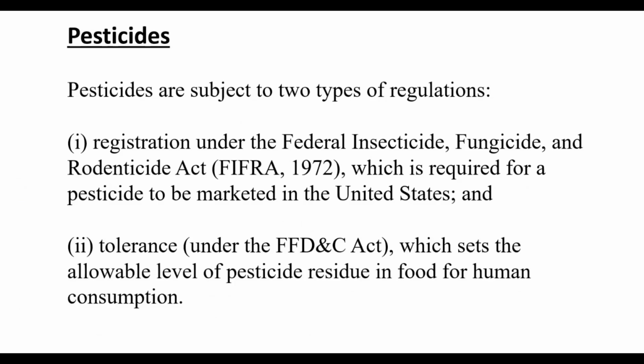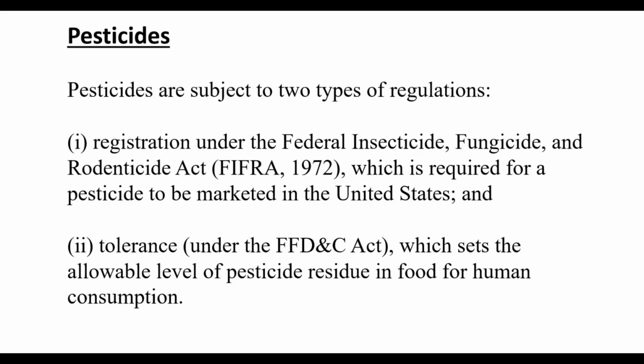So pesticides are regulated under the EPA under two important laws, that is the Federal Insecticide, Fungicide and Rodenticide Act. You have to comply with this act for a pesticide to be marketed in the United States, and definitely a tolerance, that is MRLs, which sets the allowable level of pesticide residue in food for human consumption.